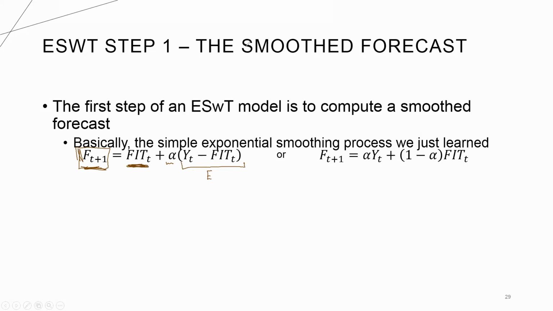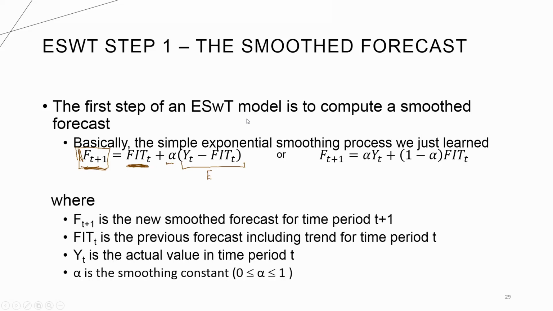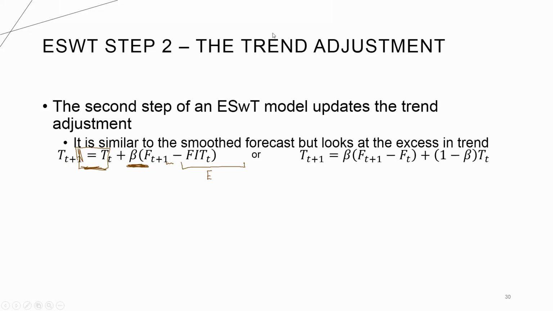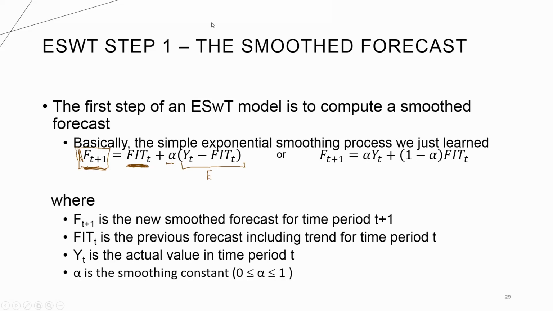But we then need to adjust for trend. We get the new FIT by adjusting this for the trend. So the new FIT for time t plus 1 is going to be F(t+1) plus the trend adjustment, which we're going to see in a minute. Leave aside how we get this for now.